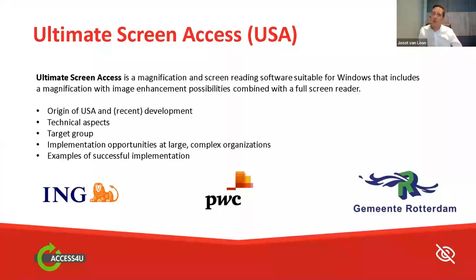So then we started to produce the first real version of Ultimate Screen Access. That is a program that we can install as an add-on in NVDA. NVDA will provide the speech and braille, and Ultimate Screen Access offers magnification and other adjustments and enhancements to the screen. Because we use the engine that is available in the operating system, the responsiveness is very fast. You can compare it with the magnification or VoiceOver on your Mac.